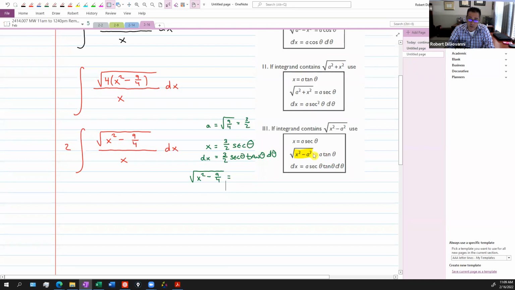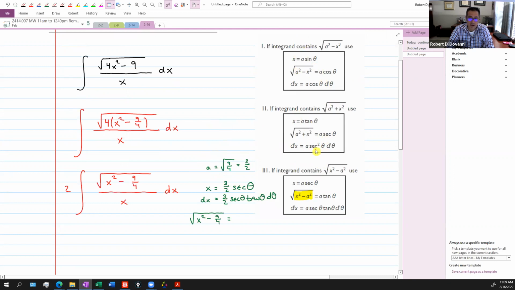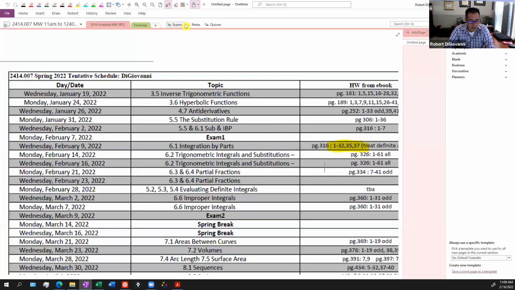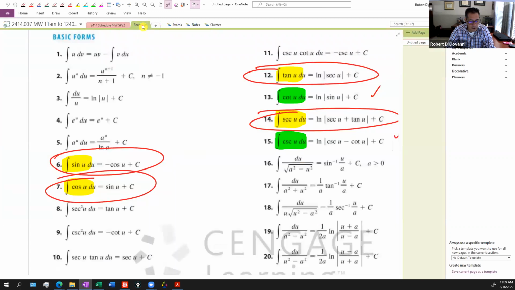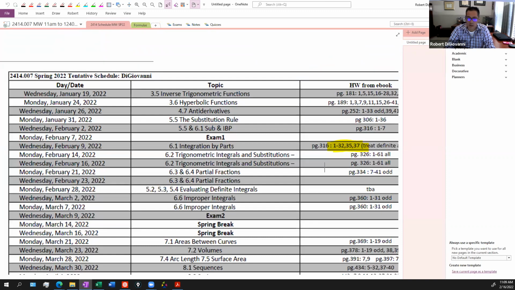But in the formulas, I actually tell you what it's going to turn into here. Now, be careful, because you can't have this on the test. What you are allowed to have on the test is, I don't have it here, darn it. I can bring it up, hold on.